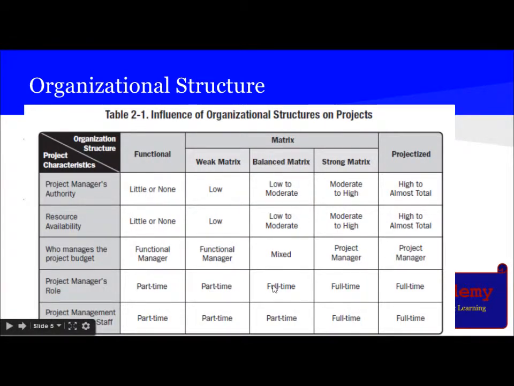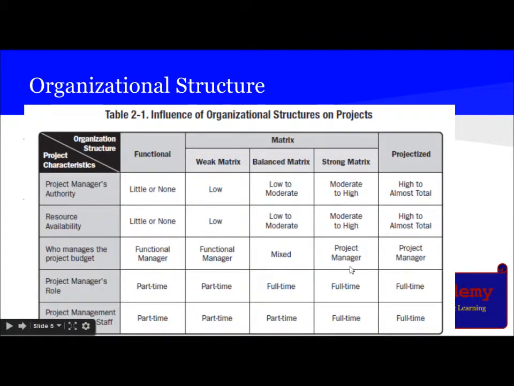In the case of balanced matrix, the project manager is full-time but their staff is part-time. Budget is managed by both the project manager and functional manager, and the authority of the project manager is low to moderate.